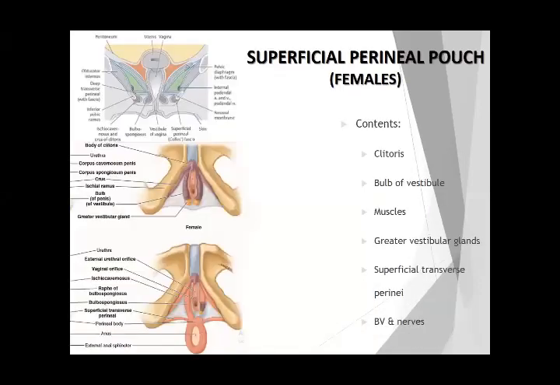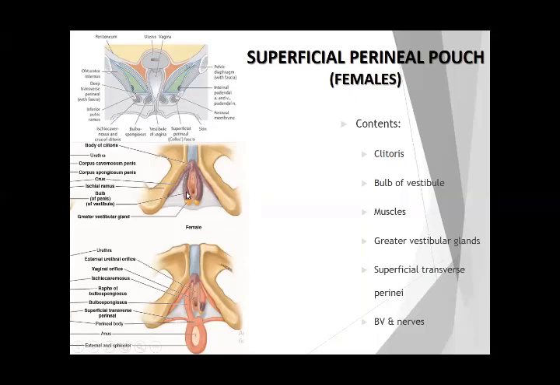let's look at the females and see what the difference in contents is. In females, once again, this is the perineal membrane and this is the inferior view. You see it from the inferior surface. So we have the clitoris and we have the vestibule, the bulb of the vestibule. This is the crus.